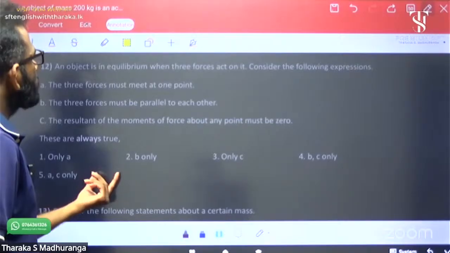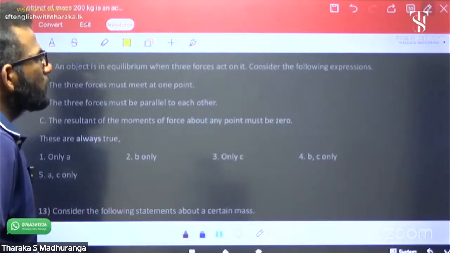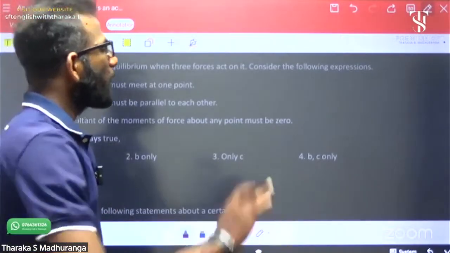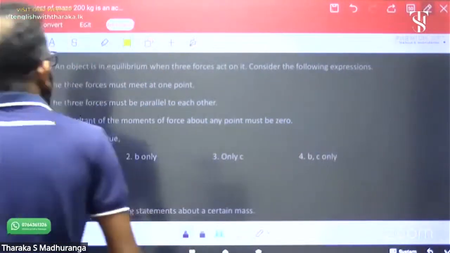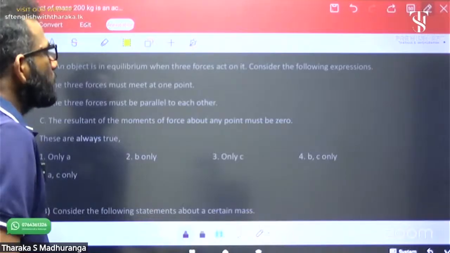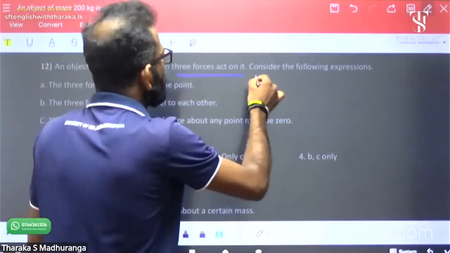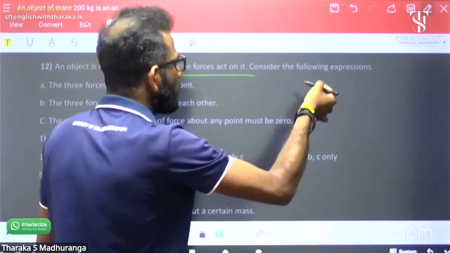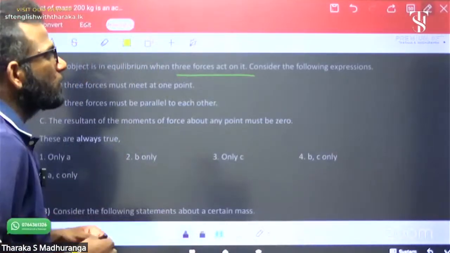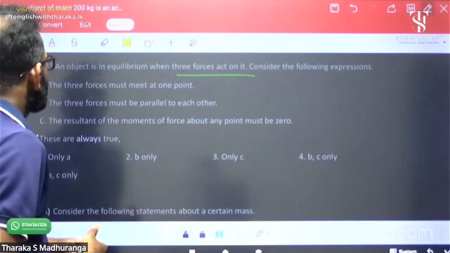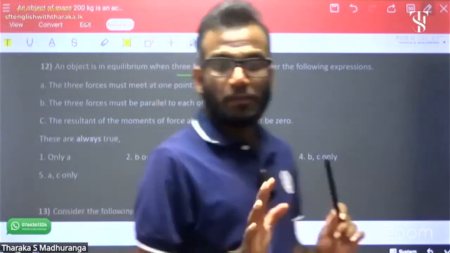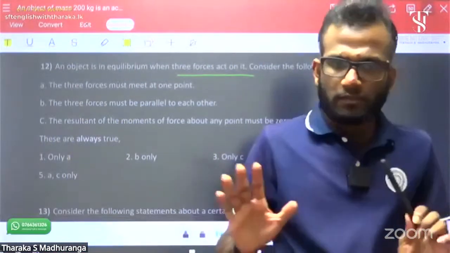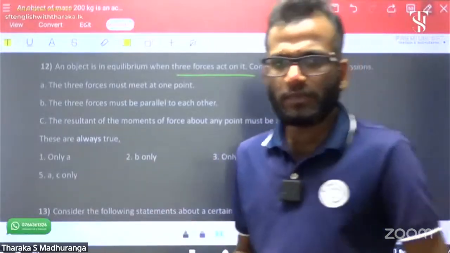An object is in equilibrium when three forces act on it. Three forces act on the same point, on the same object. Consider the following expression: three forces must meet at one point. Not required.